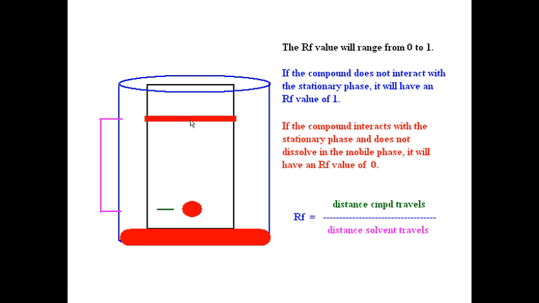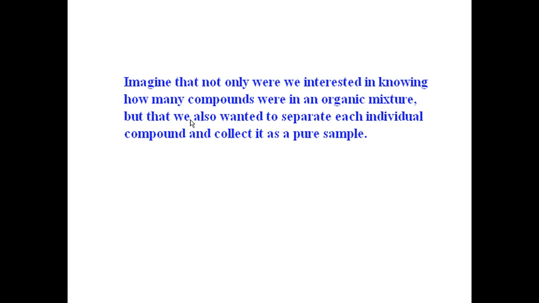And typically we'll have RF values between 0.1 and 0.9 because we want the solvent to dissolve the material some of the time, but you want a good partition between the two phases in order to get good separation of your different components. Okay, so that's our TLC, and you'll see more examples, or already have seen more examples of the TLC with the spinach pigments in the other lecture video.